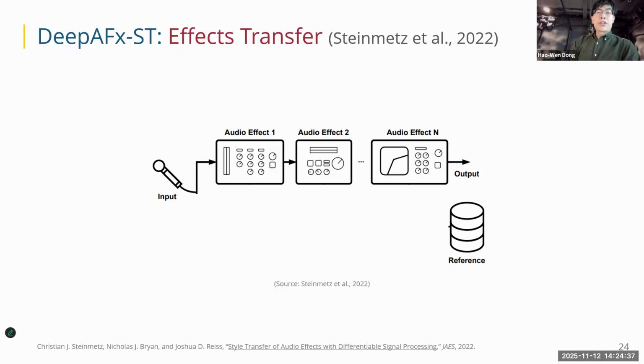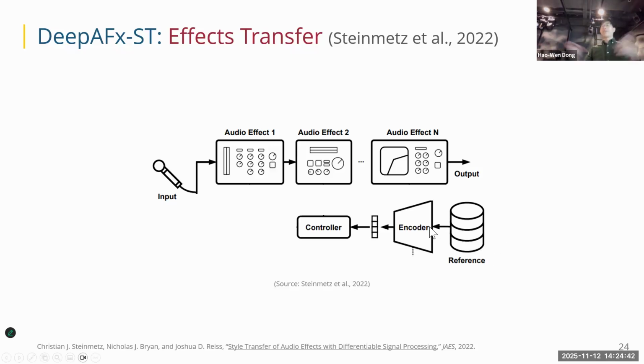So from this reference, can we grab those parameters to predict what the reverb setup would be, what the EQ setup would be, anything like that. And you also send the input to the controller, so that you go from your input all the way to your reference audio.